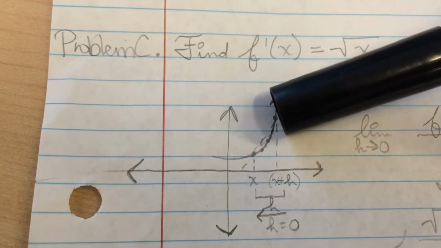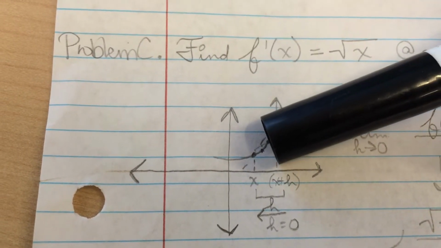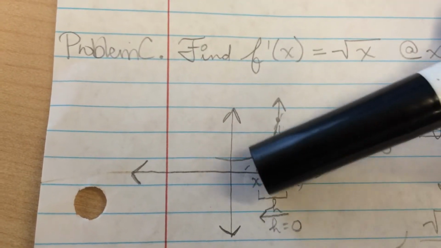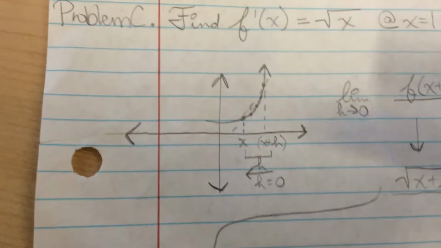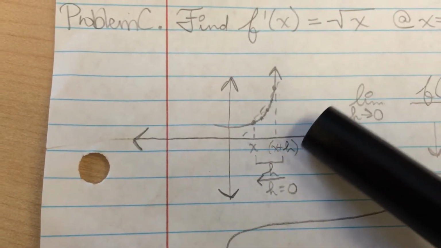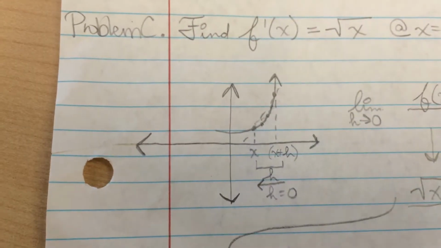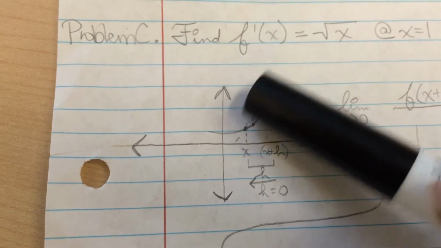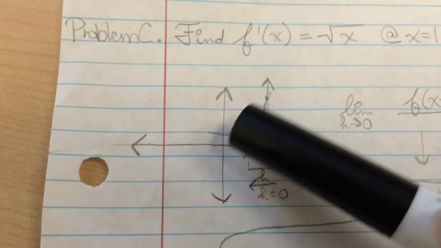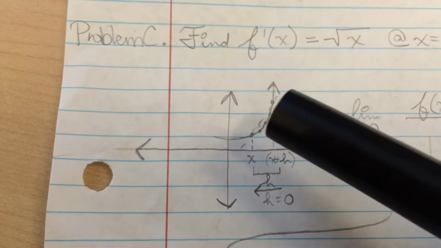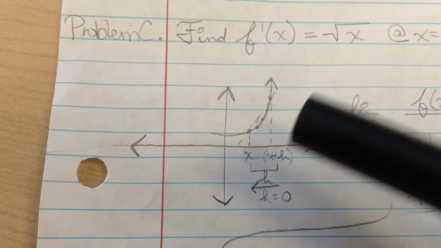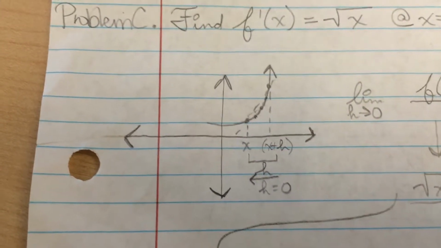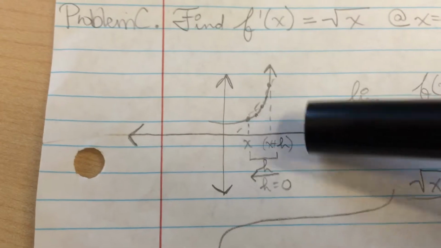However, as we make h get arbitrarily closer and closer to 0, x plus h will equal x. As we move that over and over, the slope of that line will change, because from here to here, that's the secant line that passes through this function. As we get closer and closer, we get closer to the slope at x as h gets closer to 0.